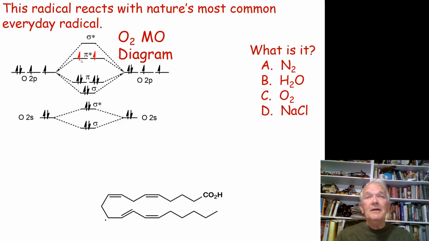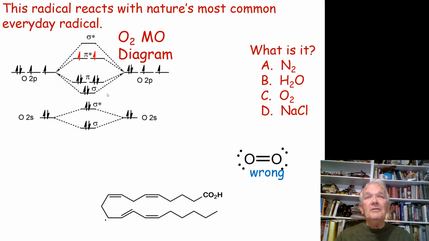But oxygen is diatomic, so it can't change its shape, so it's stuck. So a diradical is stable as a diatomic. Generally, diradicals are not stable because if they're on atoms other than a diatomic, the molecule will rearrange itself to pair up those electrons by forming a carbon-carbon bond. But oxygen is a diradical. We're breathing it all the time, but it's a really nasty molecule. It reacts with all kinds of things, including arachidonic acid radicals.